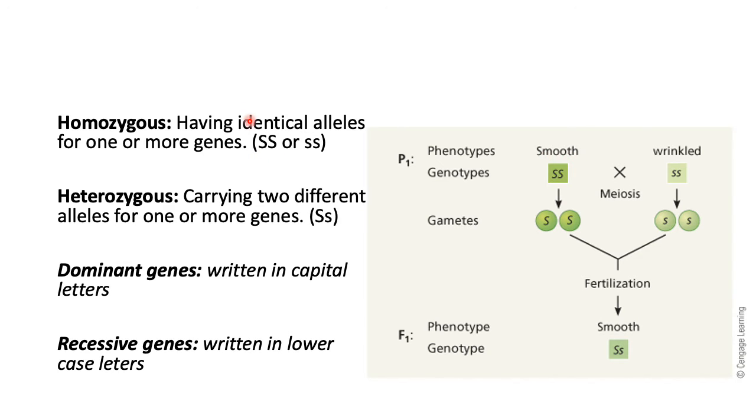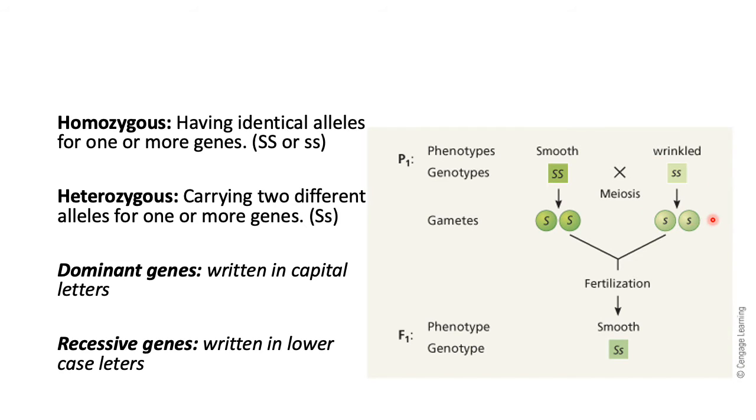And so if they are homozygous for the dominant trait, it would be written capital S, then that plant will express a smooth phenotype. If a plant inherits a recessive, so this is little s, that means that it's recessive, and the recessive trait in this case is wrinkled. So if there's no dominant gene, then the recessive gene will be expressed. And so the recessive in this case is wrinkled.